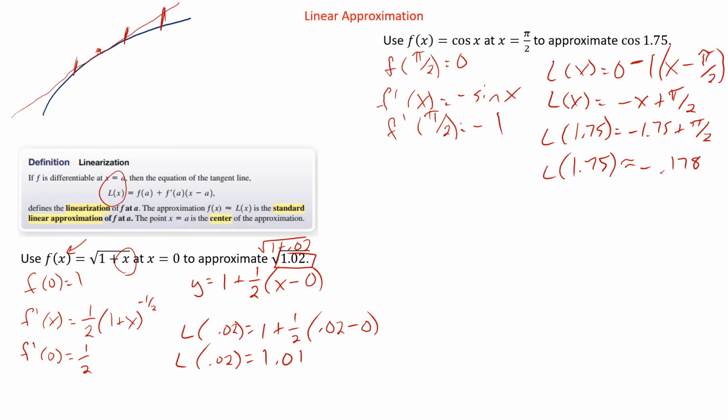Which should make sense because 1.75 is going to be a little bit bigger than pi over 2, because pi over 2 is about 1.56. And so that'll be a little bit bigger, so it's a little bit in the negative.